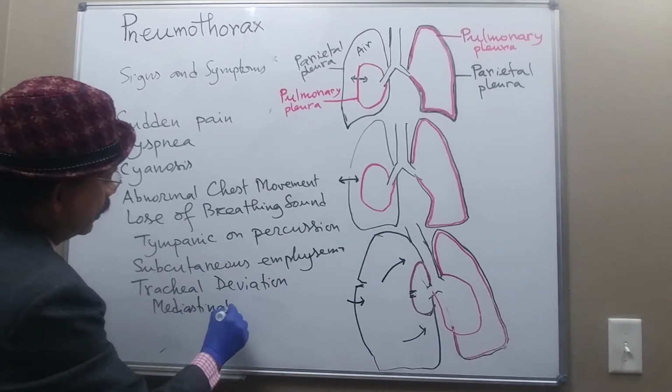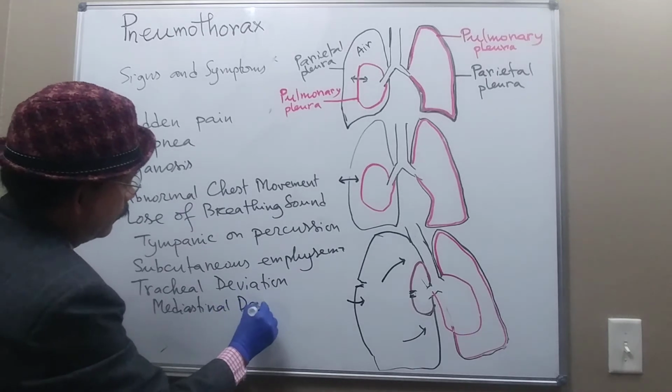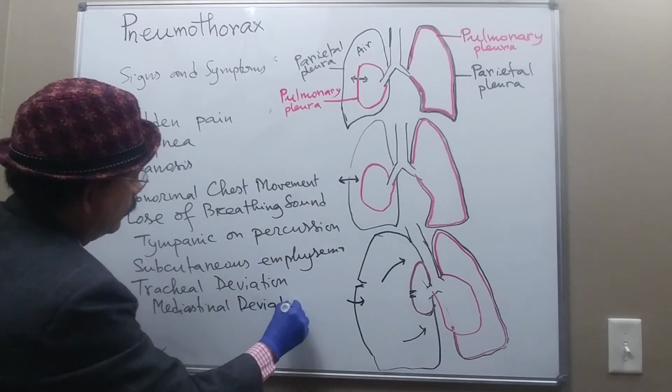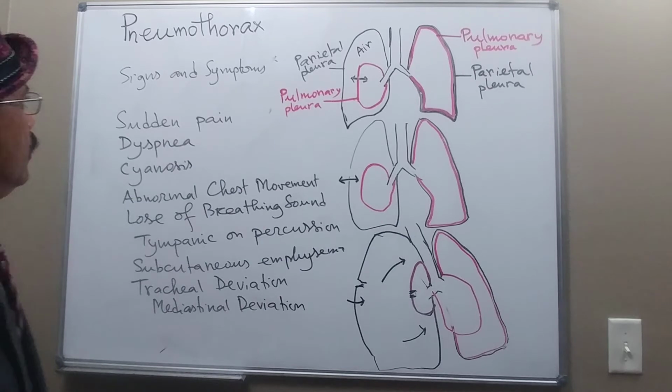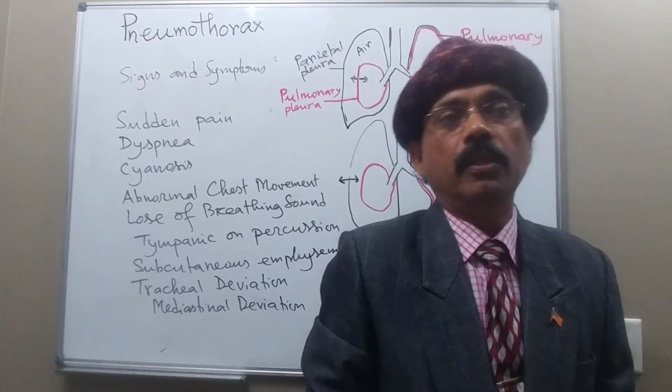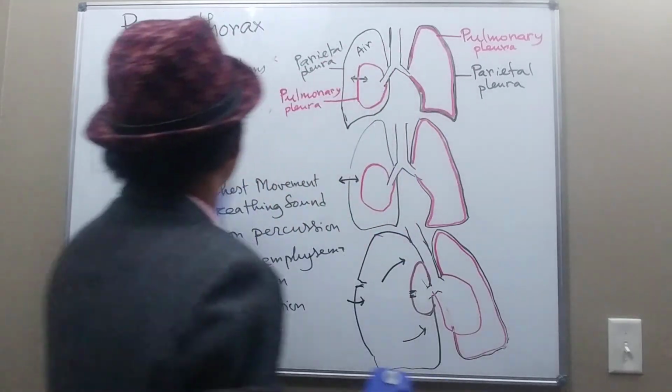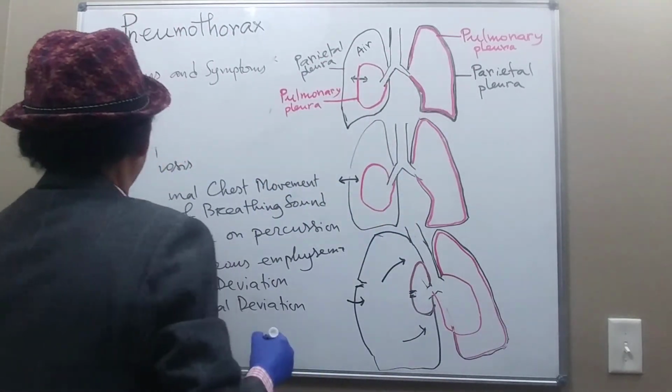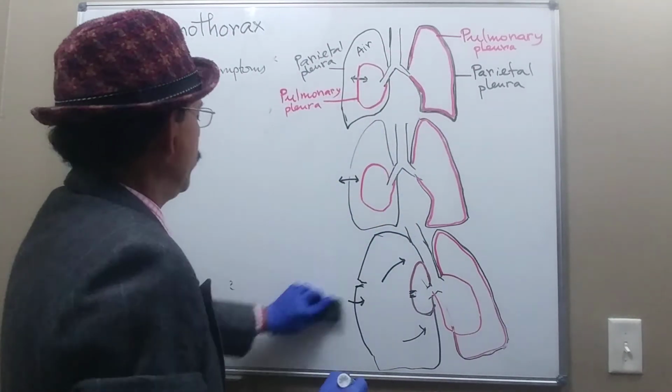We can palpate the tracheal deviation. So these are the signs and symptoms of pneumothorax, especially tension pneumothorax.